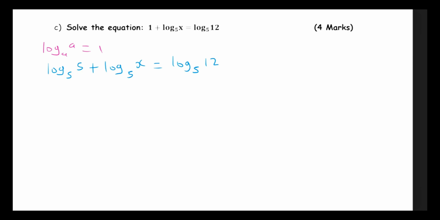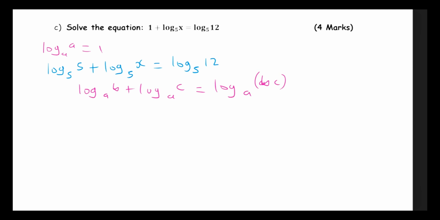Then the next step is to use the first law of logarithms on the left hand side of this equation. Remember, log to base a of b plus log to base a of c is the same as log to base a of bc, meaning if you have a sum of logs, then that is the same as the log of the product of the numbers involved.